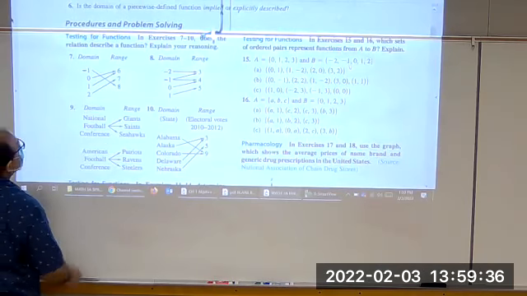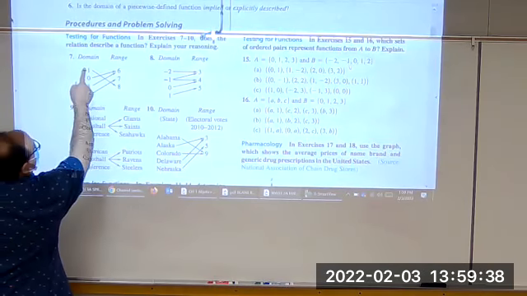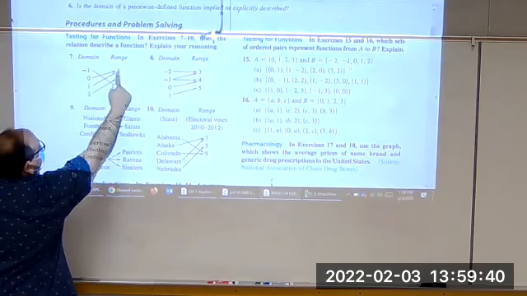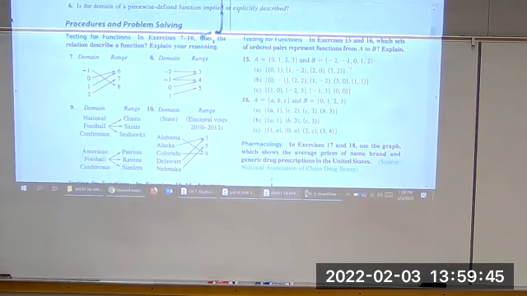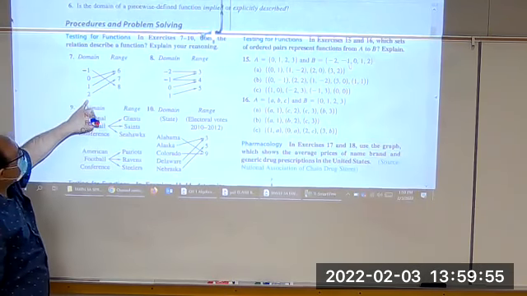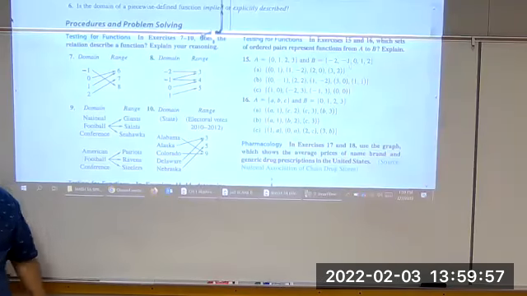So let's see. -1 goes to 8, 0 goes to 6, 1 goes to 6, and 2 goes to 7. Does that describe a function? Yes or no? Do any of these domain values ever go to 2 different values in the range?